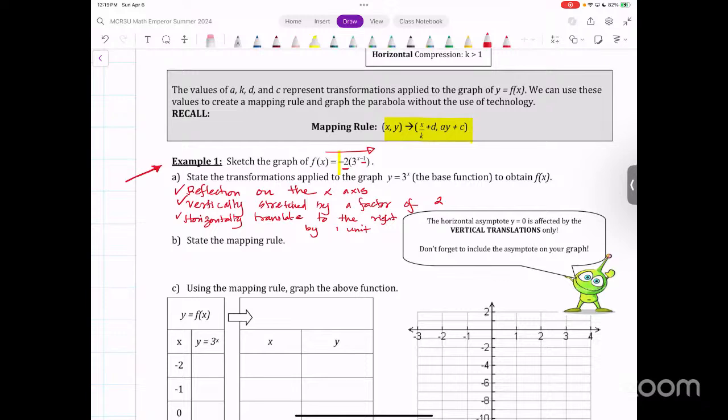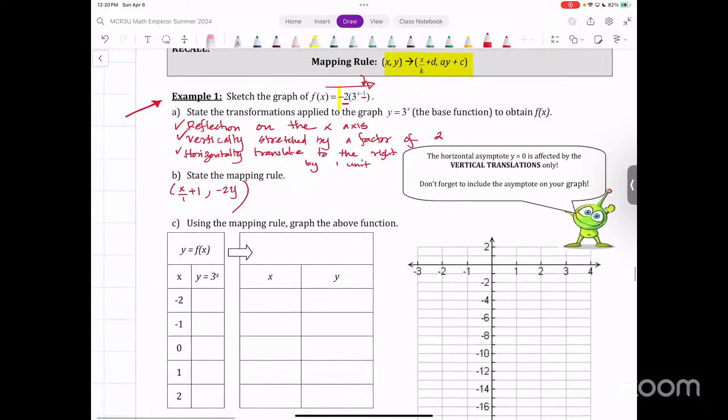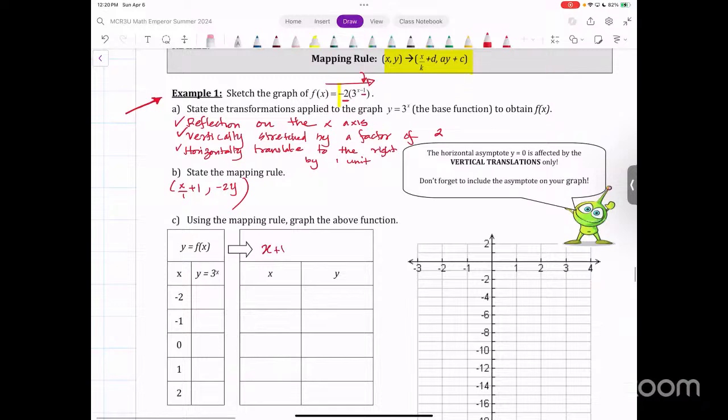Mapping notation: x over k, k is 1 in this case, plus d, d is positive 1. So if this is minus, the d value is positive 1. ay is minus 2, y plus c, no c value. So this is my mapping notation. So how are we going to transform (x + 1, -2y)? Are you guys following that?